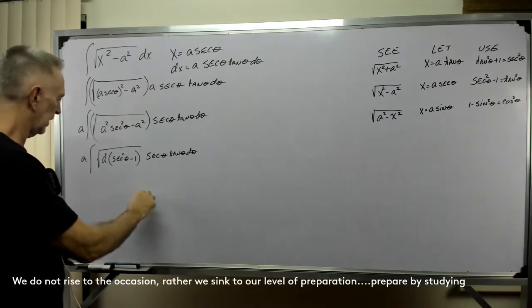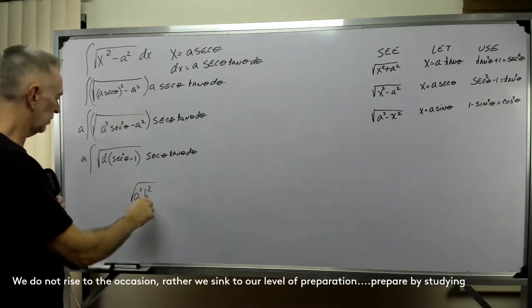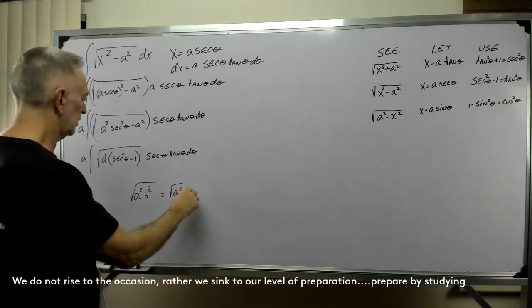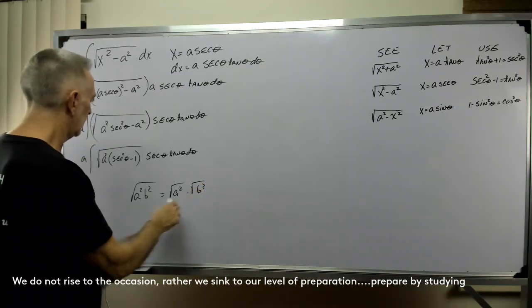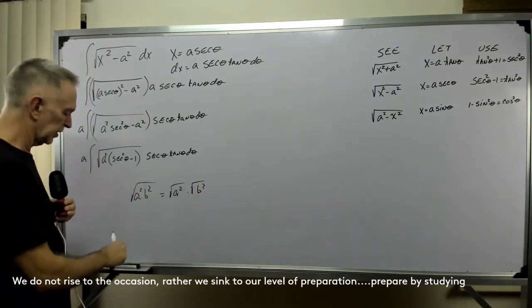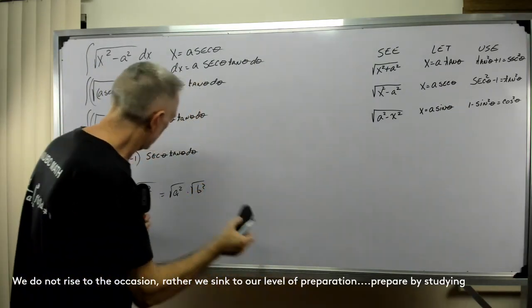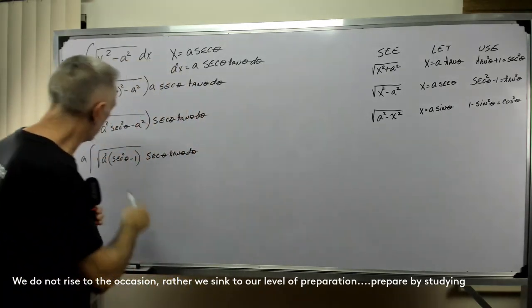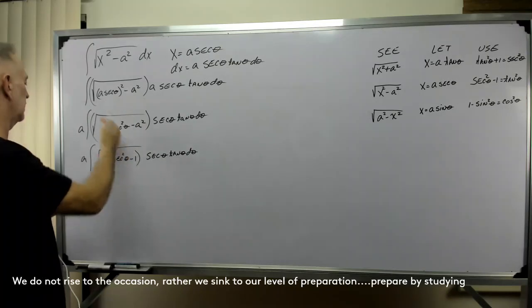You know the rule. If I have a squared b squared and I take the square root of that, it's the same as the square root of a squared times the square root of b squared, which is the situation I have here. So I can take that a squared term, take the square root of it, and pull it out.